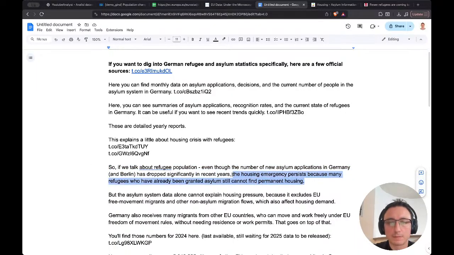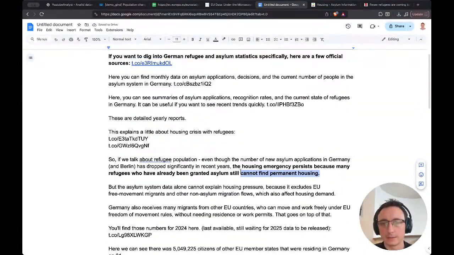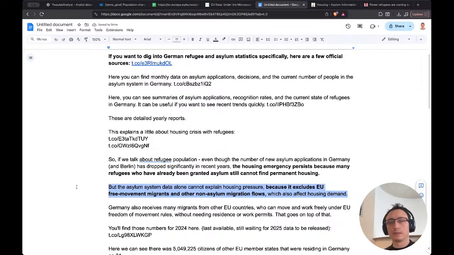And then this user is giving me interesting suggestions about the housing crisis. The housing emergency persists because many refugees who have already been granted asylum still cannot find permanent housing. But the asylum system data alone cannot explain housing pressure because it excludes EU free movement migrants and other non-asylum migration flow. Makes sense, which affect housing demand.